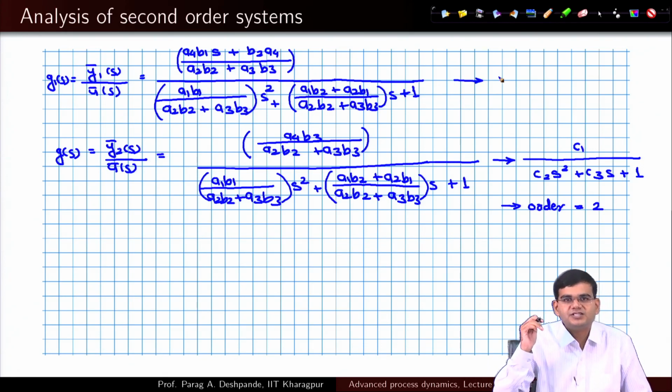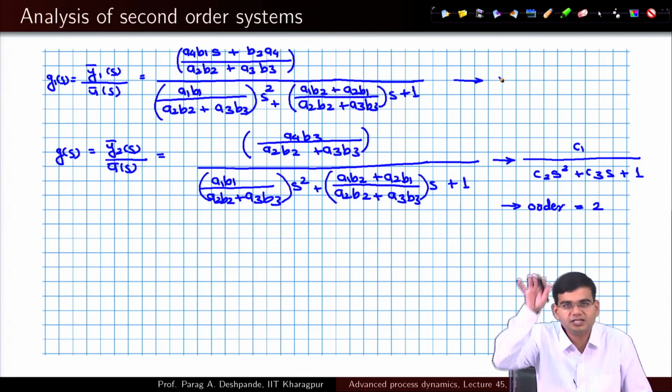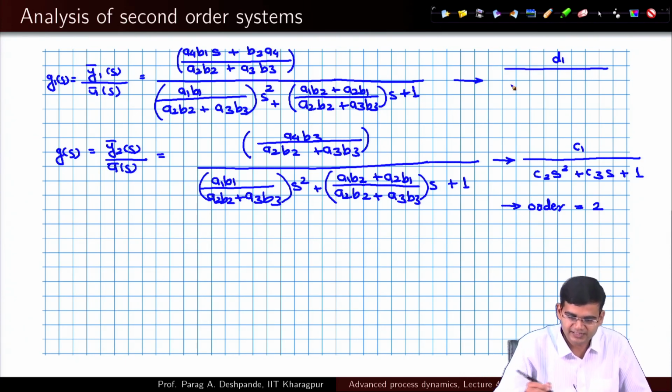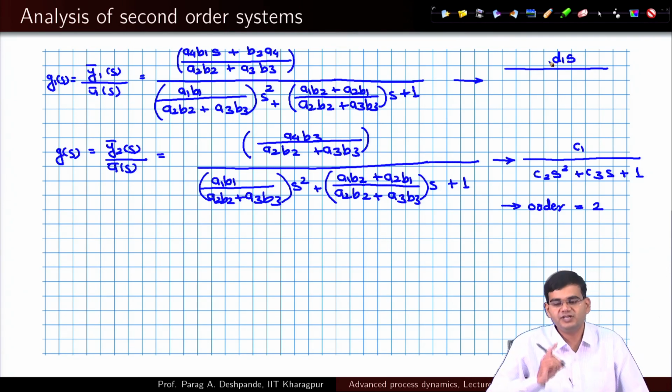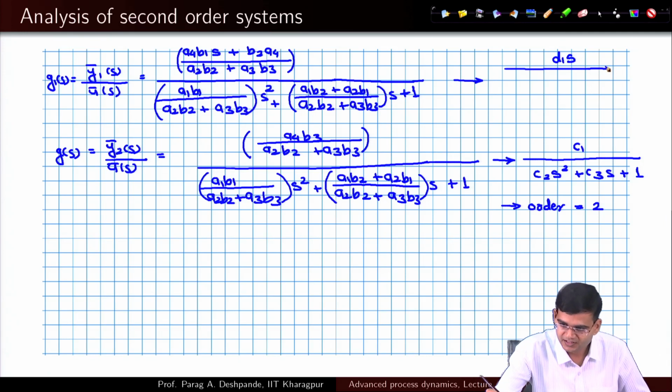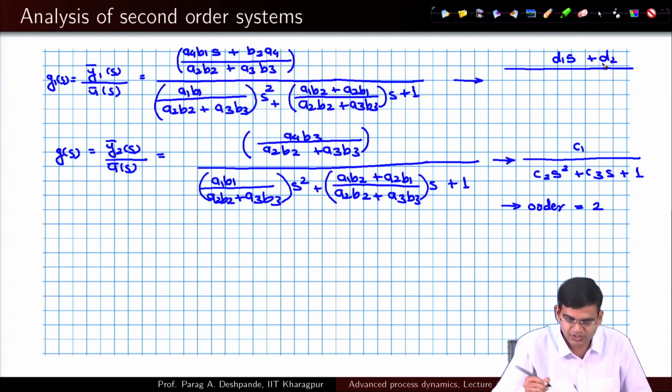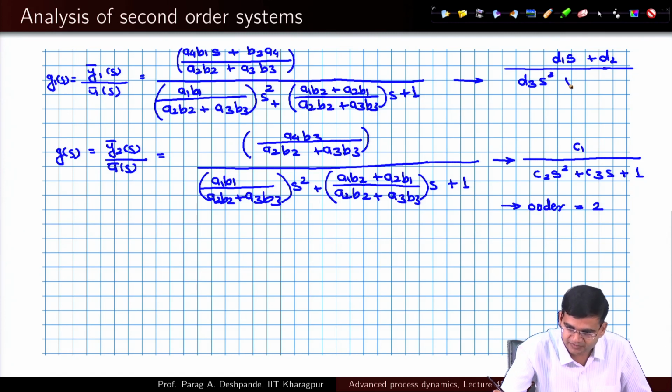in the first transfer function. If I plug in all of these, I get d1 s plus d2. You see there is an s in the numerator. So, d1 s plus d2 divided by d3 s squared plus d4 s plus 1.